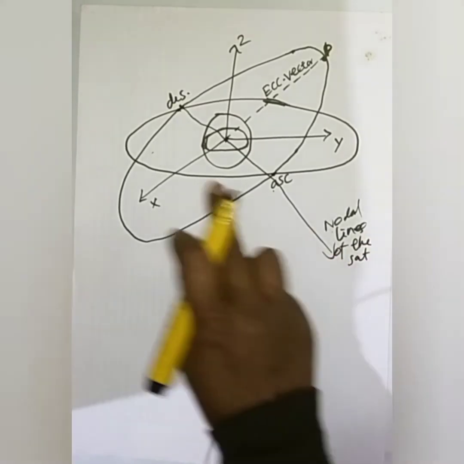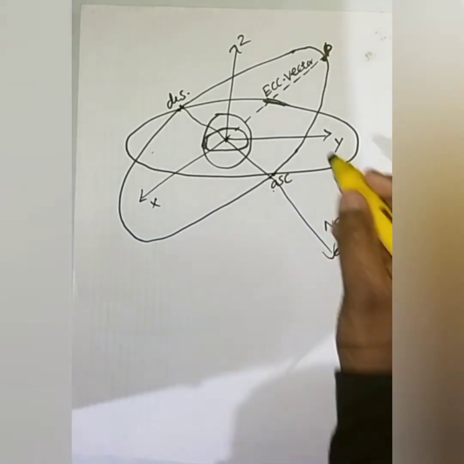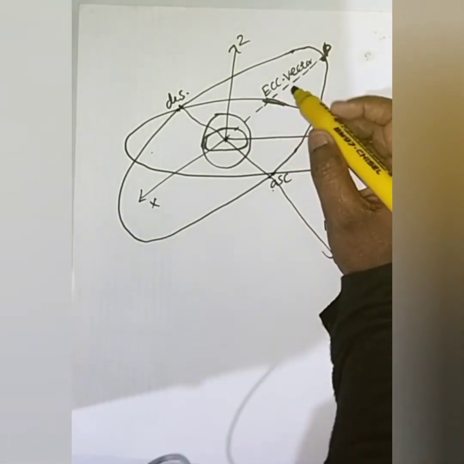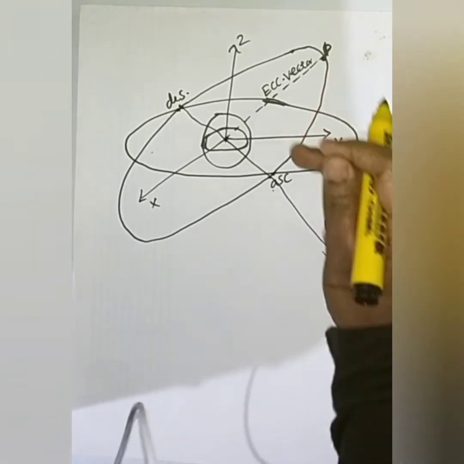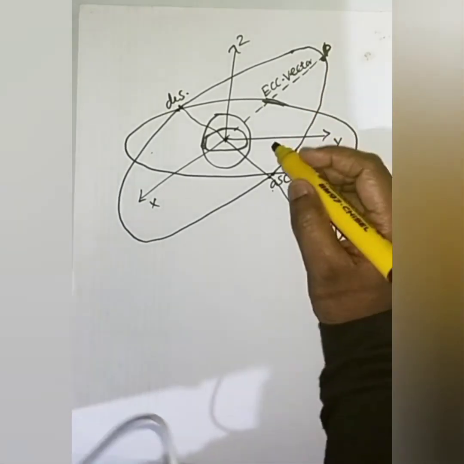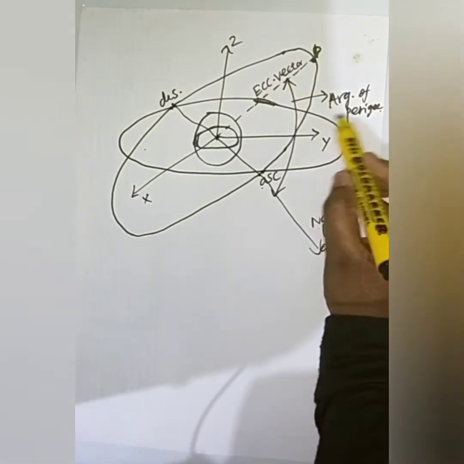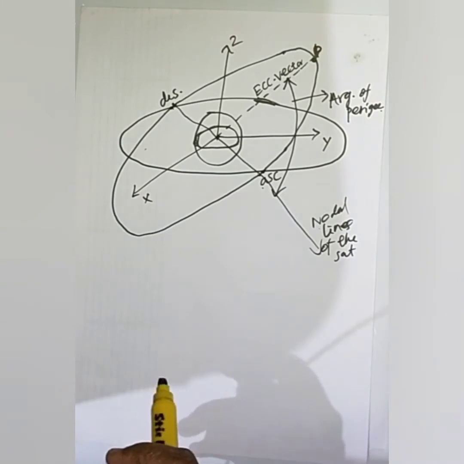The angle between the eccentric vector and the nodal line is called the argument of perigee. So this angle is called the argument of perigee.